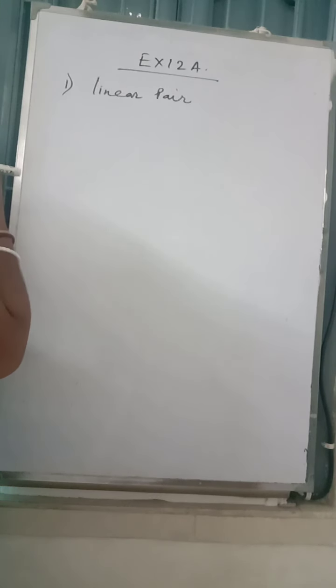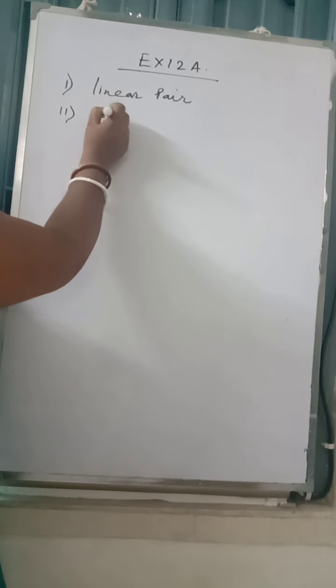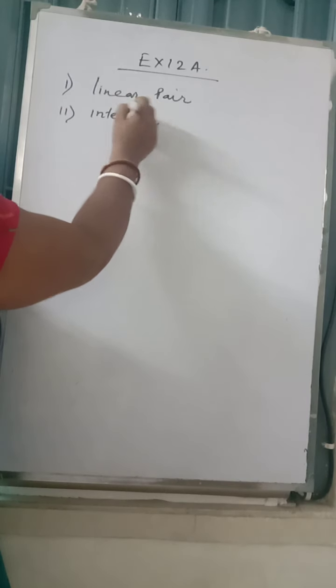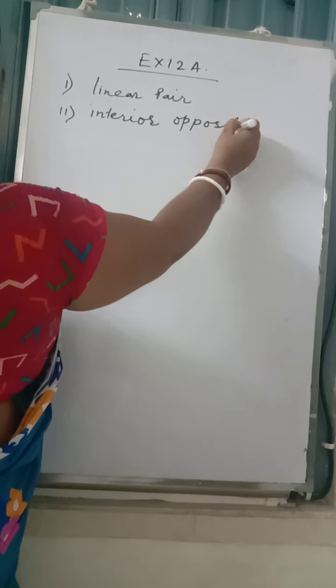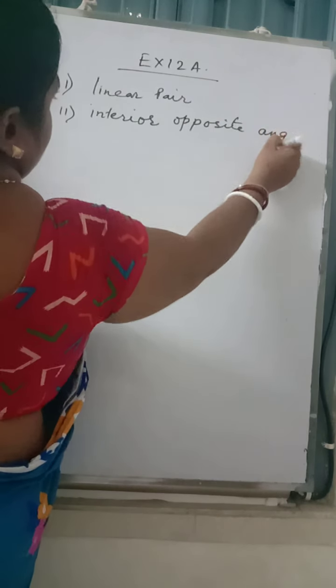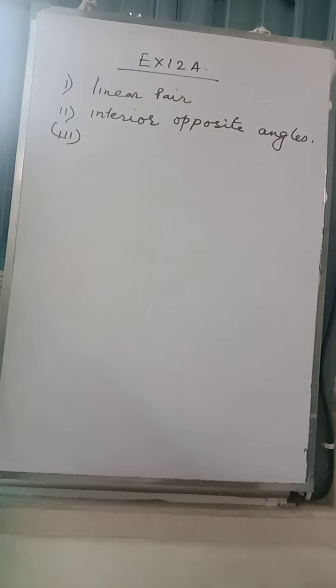Number 2, the exterior angle of a triangle is equal to the sum of its interior opposite angles.